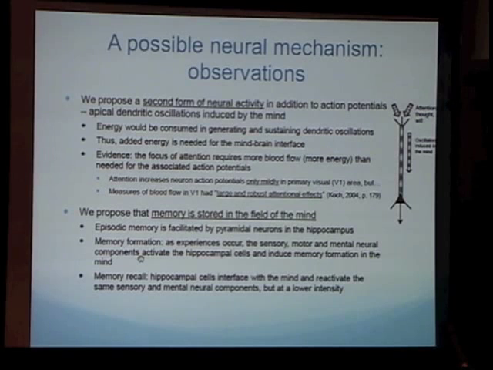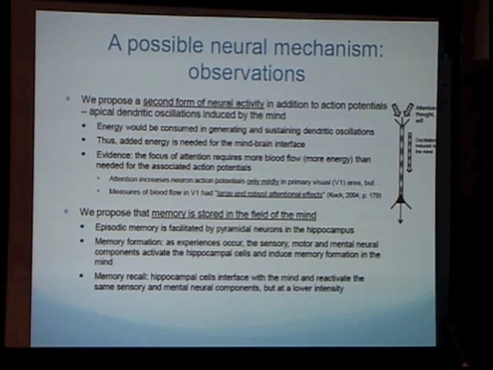And so memory formation, as experiences occur, all of the components of that experience from all different parts of your brain are all funneled into the hippocampus. And those induce memories in your mind. And there's also a process of consolidating memories so that they're there kind of permanently.